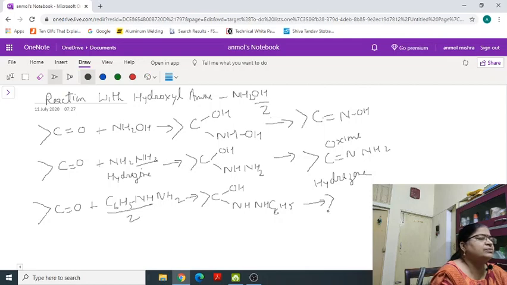It will form, so it is called as phenylhydrazone. Next is, so this is phenylhydrazine.